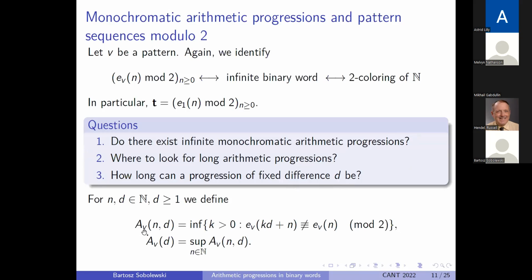So this time we have the subscript V instead of t, as was the case for the Thue-Morse sequence. So this is just the longest monochromatic arithmetic progression in this pattern sequence, starting at n and of difference d. And similarly, we take the supremum of these values over n. So A_V of d is the longest monochromatic progression of difference d starting anywhere.